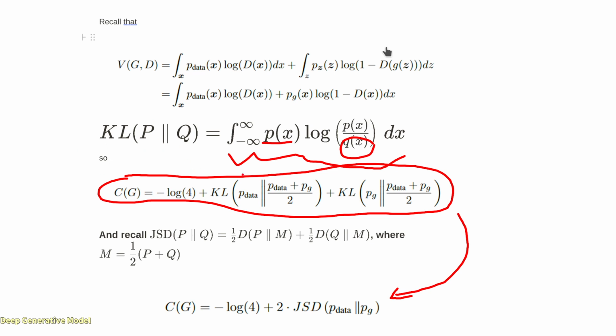But this will make the other problem more serious, because when Q is 0 and P is not, it will be infinite, and when P is 0 and Q is not, because we compute KL(Q||P) as well, it will also become infinite.